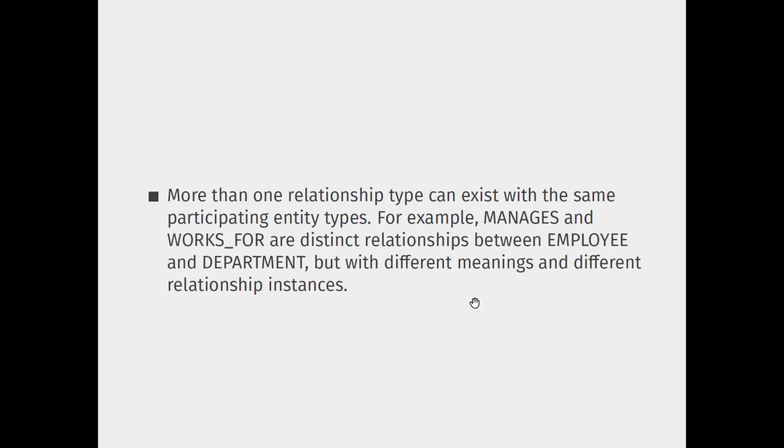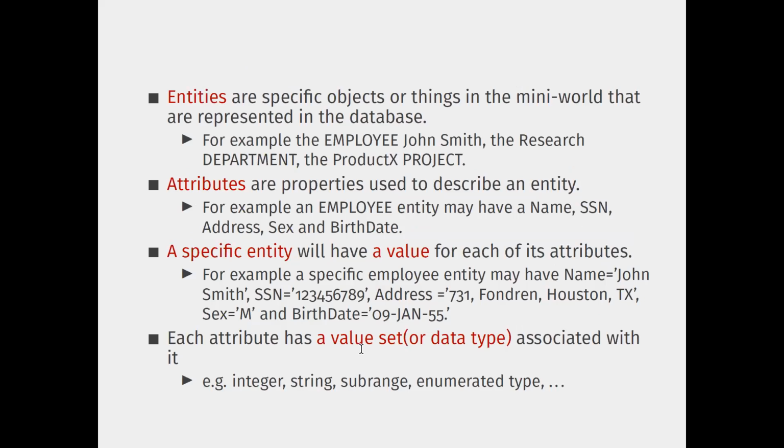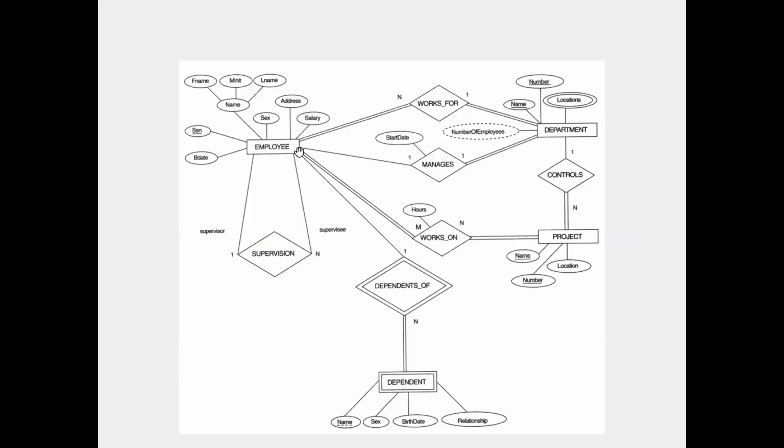And then there could be different relationship types existing. Now, managers and works for in the same department, isn't it? Here, for example, we have two entities, but you can have any number of relations between the two. Right.